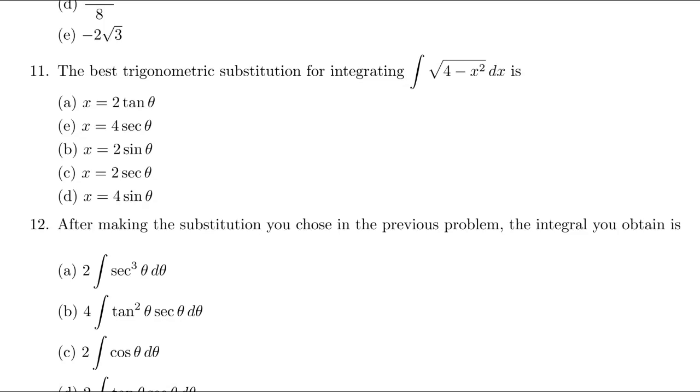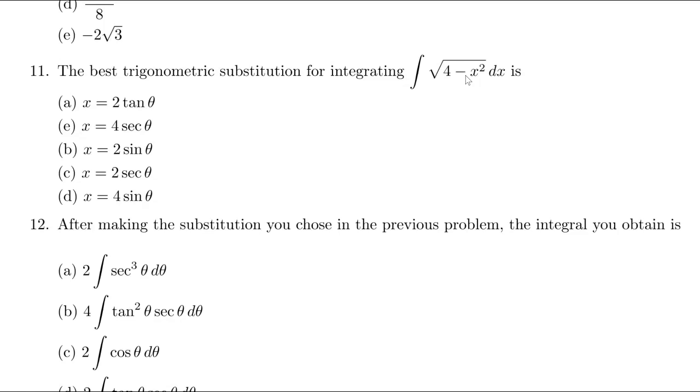Number 11. The best trigonometric substitution for integrating this integral is, then you just have to pick. As I've said, when you're solving something like this, your goal is to be able to remove this square root sign here. So you want to apply a trigonometric identity so that the radicand here will just be equal to a single expression.